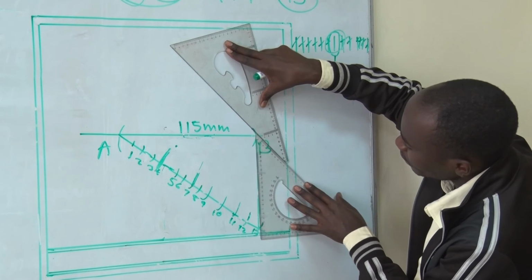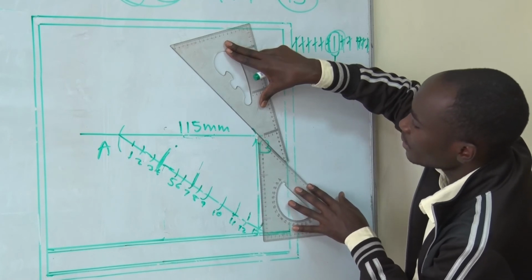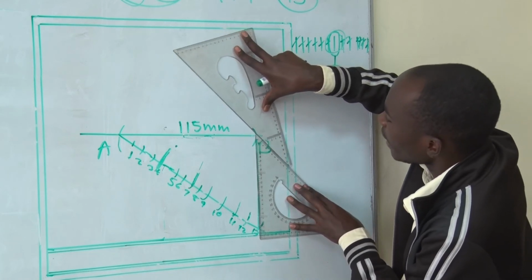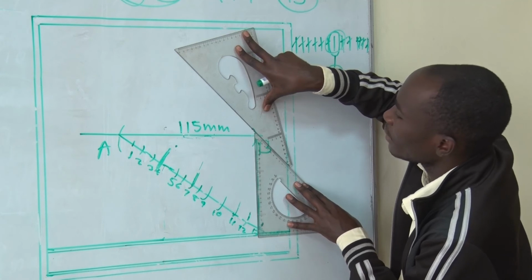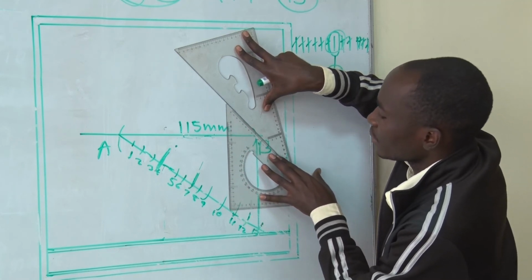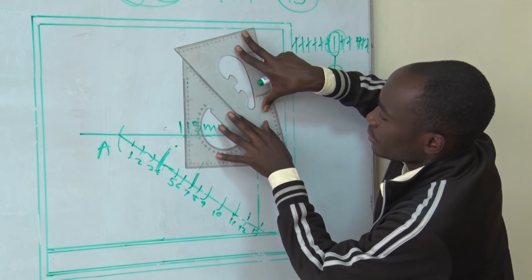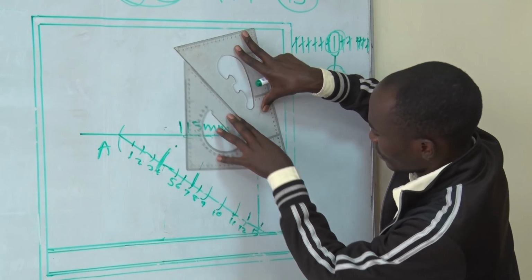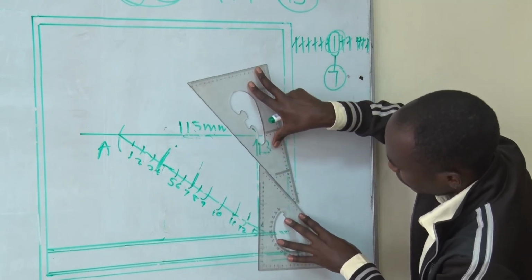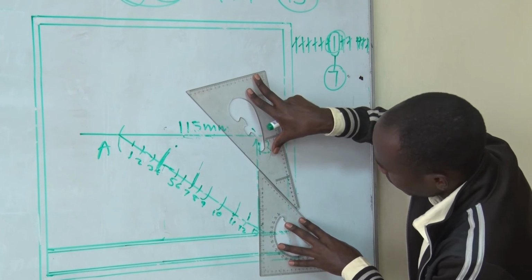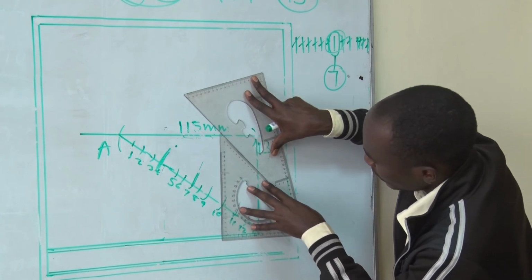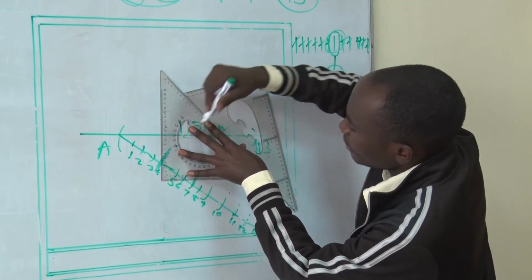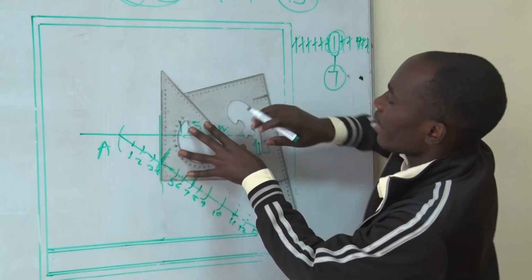You can see that this one is sliding. This is the one which should slide. So I will move it along this one, so that it is parallel to this line, so it will move like this. So wherever it reaches now, I draw that line.